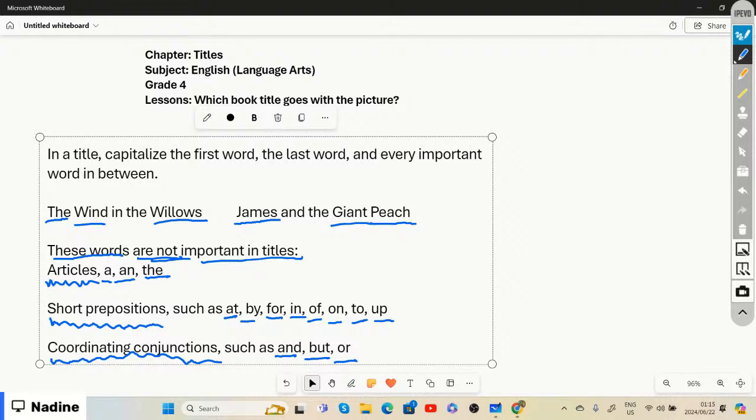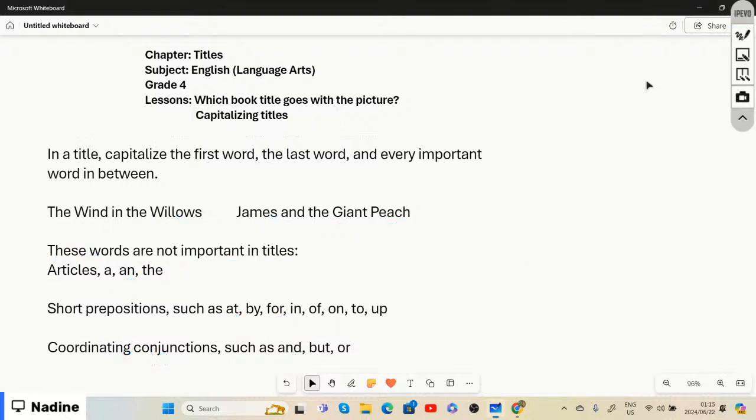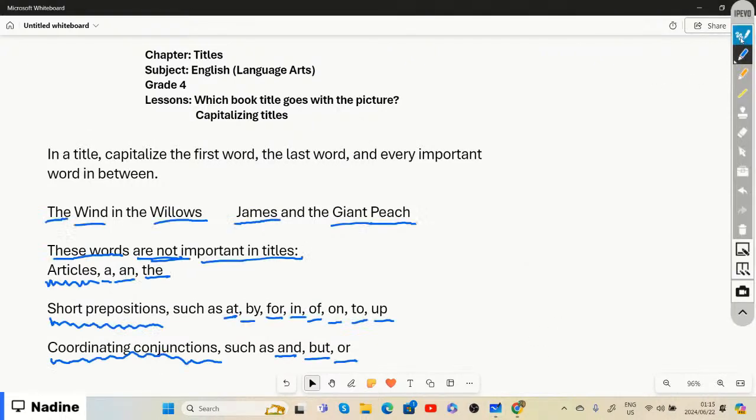And like we say, titles don't necessarily just have to be book titles. It can be the title of a movie, a title of an article, a title of a poem, a short story, right?